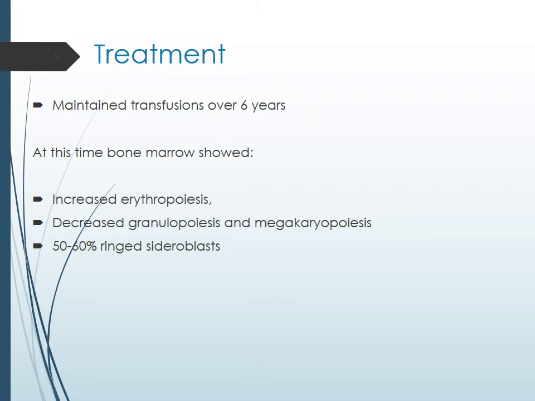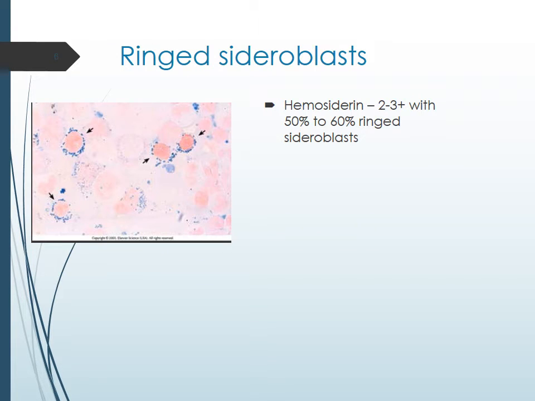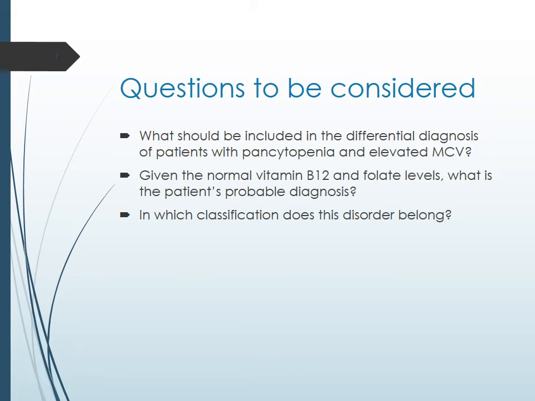Okay, so keep these factors in mind. These are the ringed sideroblasts, and with the hemosiderin crystals 2 to 3 plus. Questions that you need to think about as you go through the chapter. What should be included in the differential diagnosis of a patient with pancytopenia and elevated MCV?